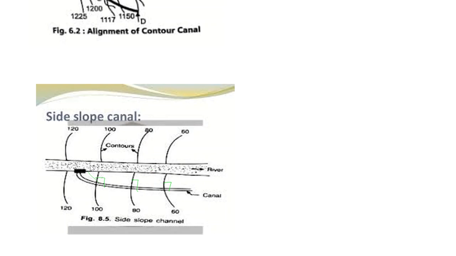This canal runs roughly parallel to the natural drainage of the country, and as such cross drainage works are avoided in the side slope canals, because as it is following the natural drainage, there is no necessity of providing any cross drainage works here.